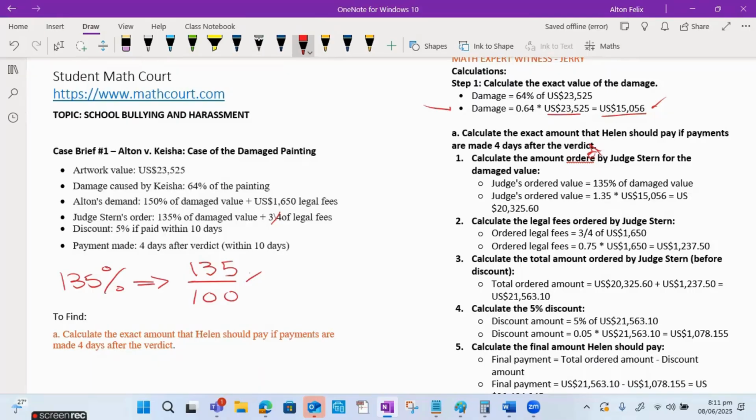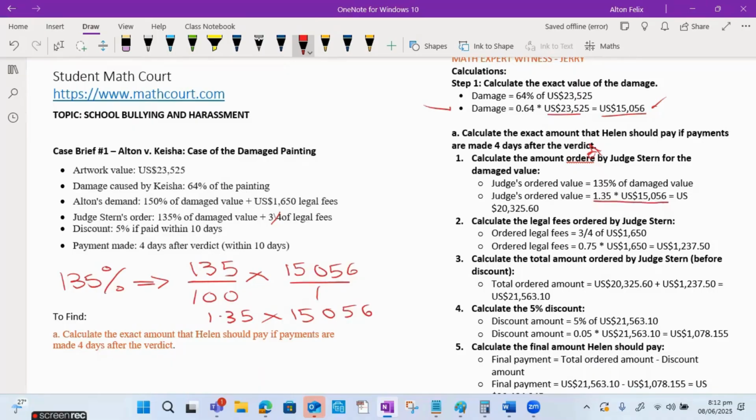And if you need to find out what part Helen should pay, you multiply this now by 15,056. Jerry would have done the working for us. This translates into 1.35 multiplied by 15,056. And that is what we are seeing right here.